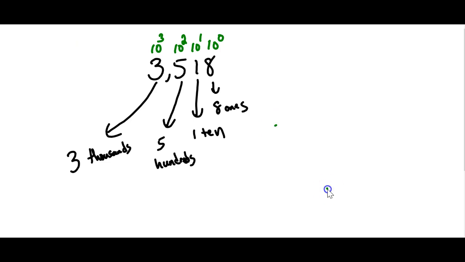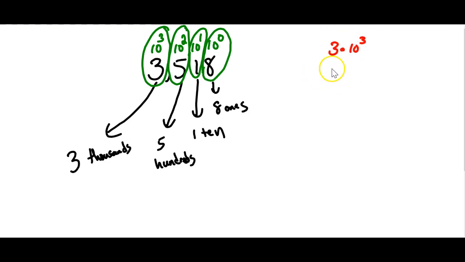And so what I'm really saying here is 8 times 10 to the 0, and then 1 times 10 to the first, and then 5 times 10 squared, and then 3 times 10 cubed. Let me write that out. Expanded form here. So basically it's 3 times 10 to the third plus 5 times 10 squared plus 1 times 10 to the first plus 8 times 10 to the 0.